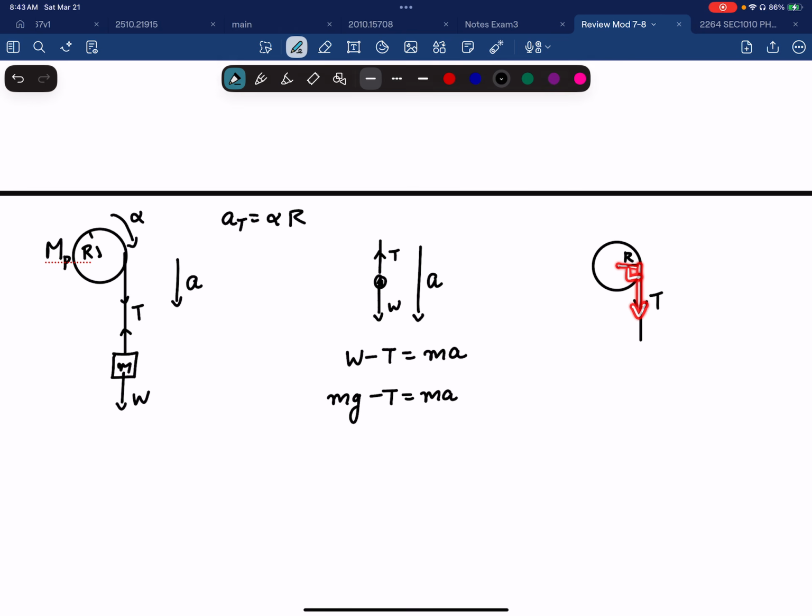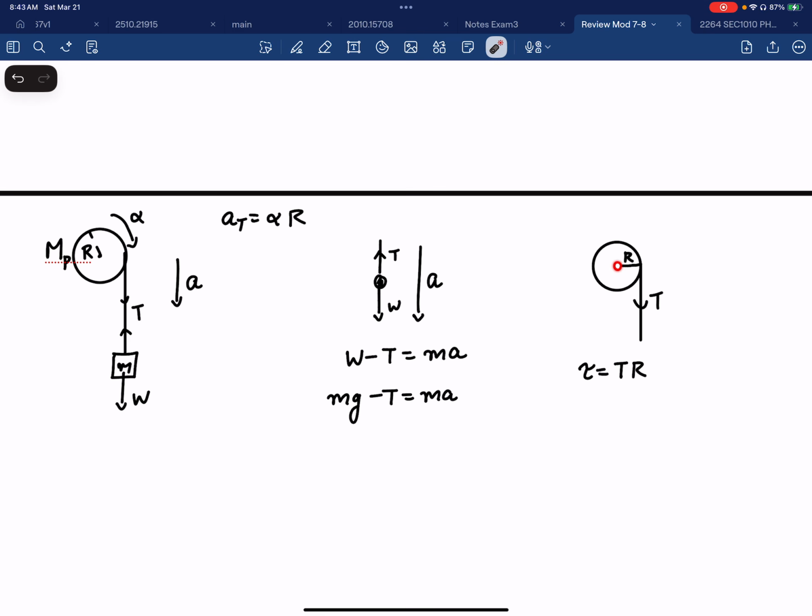Hence, the torque applied on the pulley is force times the radius. Okay, so let's try to understand the R. This is the axis of rotation. This is the point of contact, and the force is perpendicular to it. Hence, this is the torque.